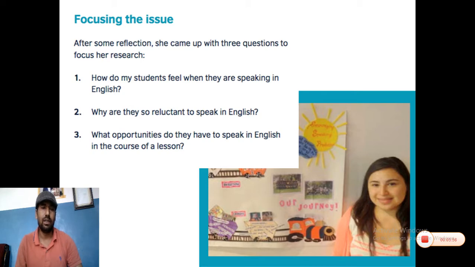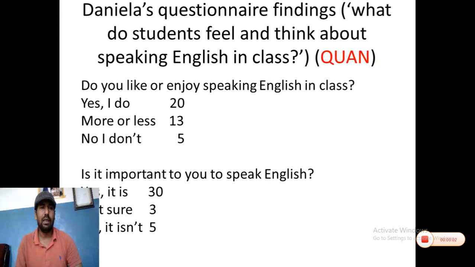On the basis of these three questions, she carried out the research, and then Daniela's questionnaire findings. She prepared the questionnaire, she administered the questionnaire, and then collected the data. What do students feel and think about speaking English in class? While collecting data, she used the questionnaire, and in that particular question, she got the quantitative data.